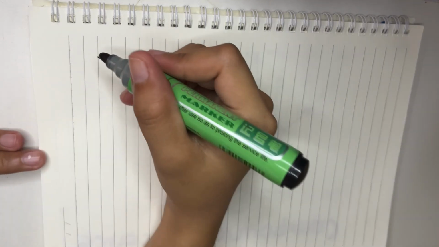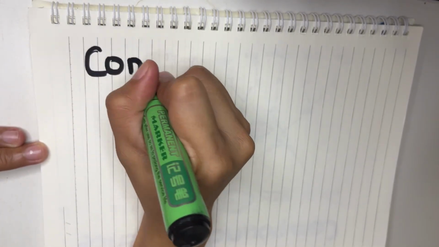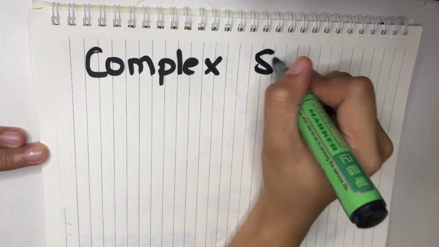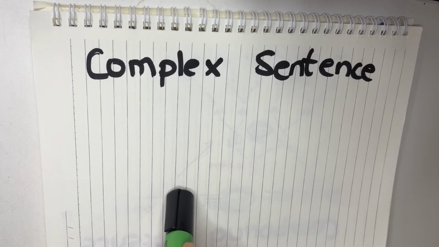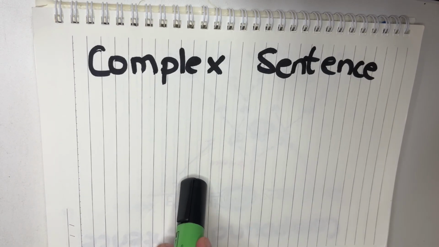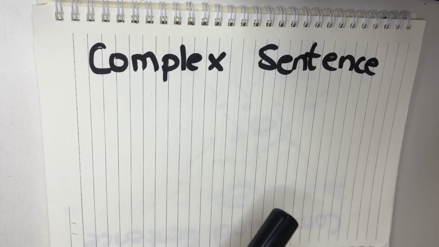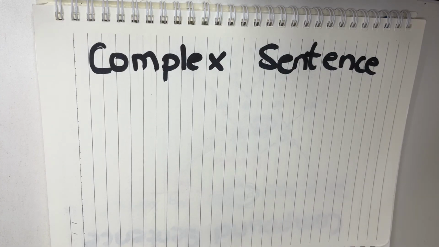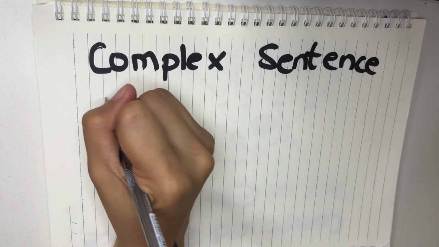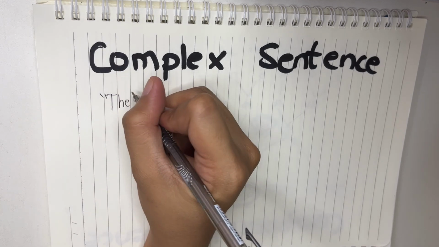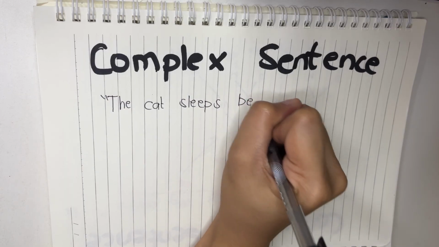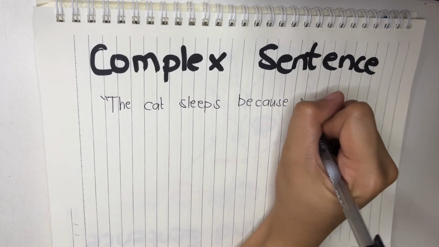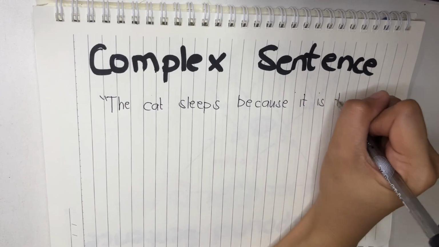A complex sentence is a sentence with one independent clause and at least one dependent subordinate clause. So, example: the cat sleeps because it is tired.